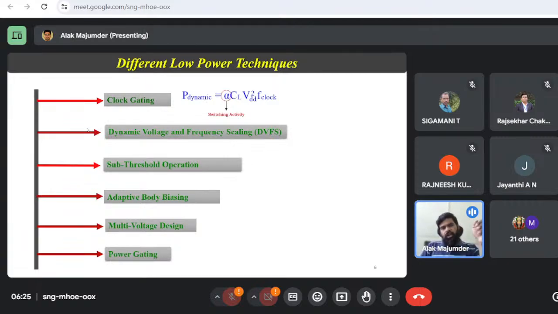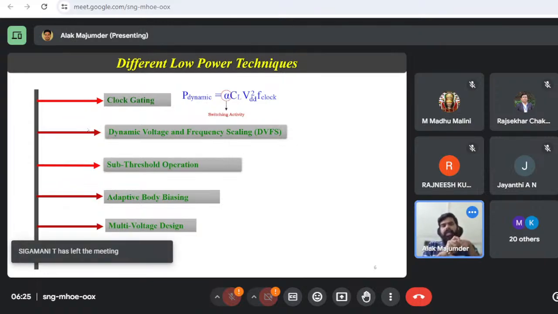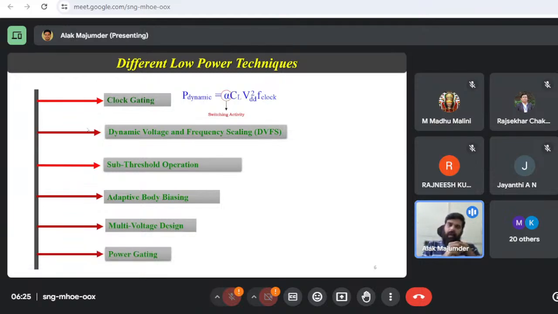Multi-voltage design is also a method similar to dynamic voltage scaling, where as per the requirement, before designing, as a designer, we will decide at which sub-block what VDD is to be incorporated. And accordingly, we can optimize the power out of it. And the other method is power gating.